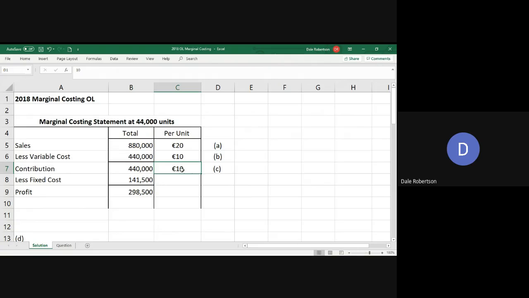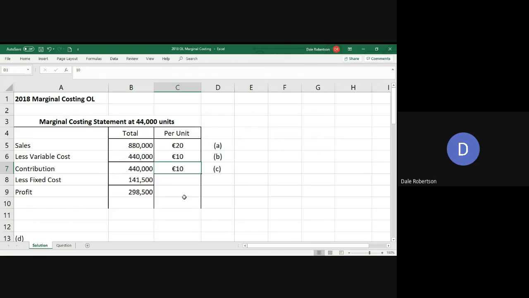Each cap contributes 10 euro towards paying your rent and your rates and your insurance. And then when those things are covered, it contributes to your profit. So that 10 euro is the reason it's called contribution: it contributes to covering your fixed costs initially, and then when you have sold enough of them, it contributes to your profit.